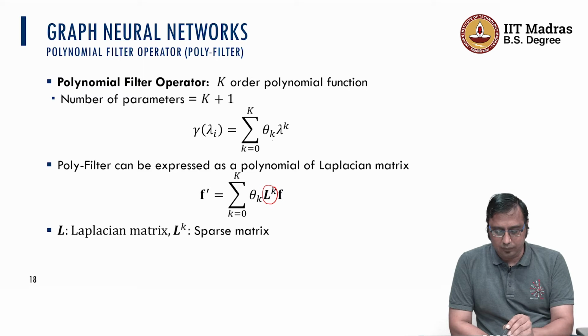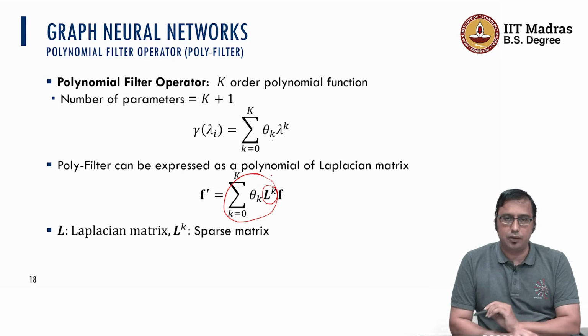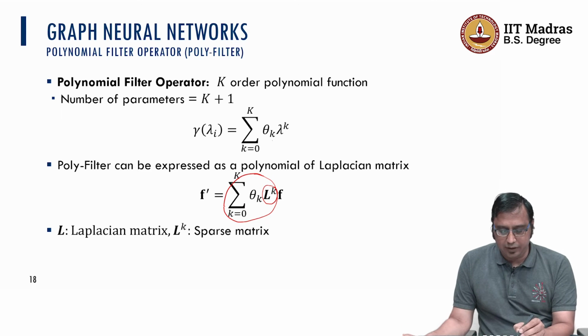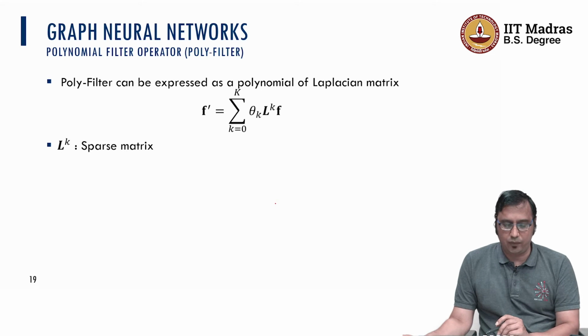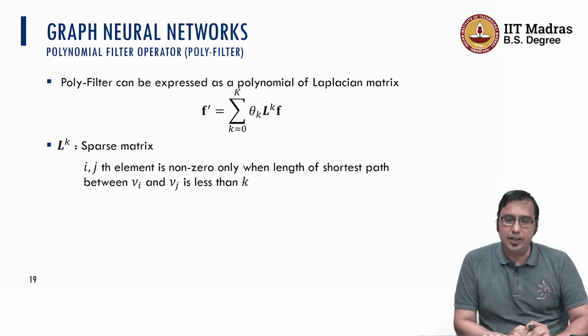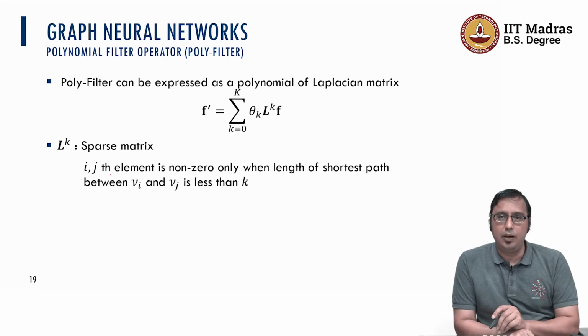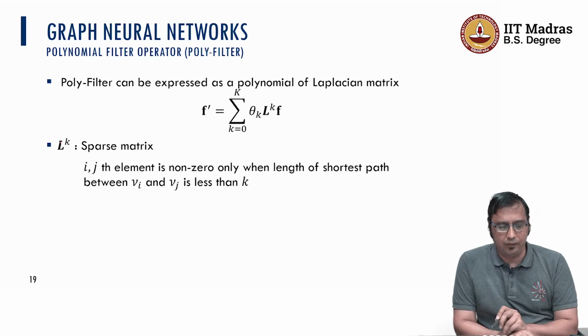So here, instead of applying gamma lambda i into U, I am going to convert it into terms of the Laplacian of a graph. What is the advantage of the Laplacian of a graph? Recall that L^k is a sparse matrix, and the ij-th element is non-zero only when the length of the shortest path between the two nodes, v_i and v_j, is less than k.